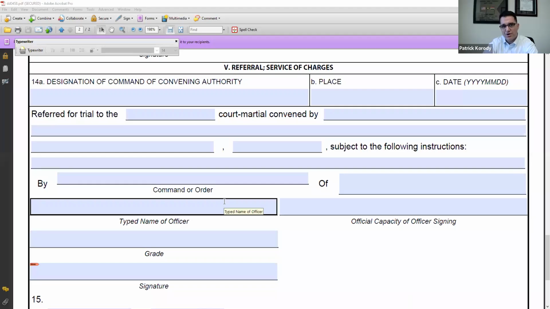And so let me just point out quickly, if you have a charge sheet and you're wondering where to look on this, it really is this "referred for trial to the blank court-martial." That will either say special, or it could say general if you've already been to an Article 32 or you waived it.